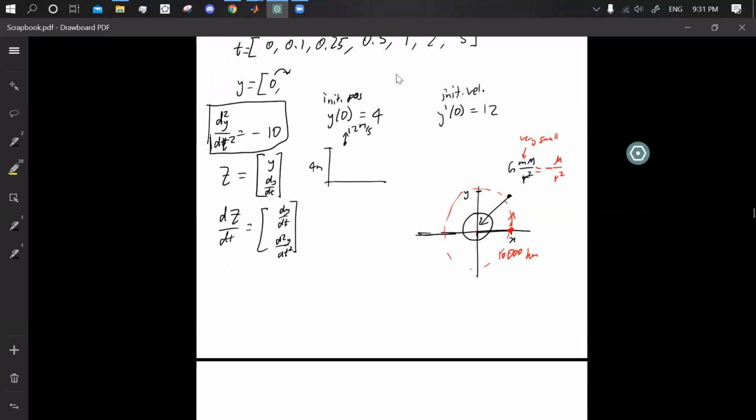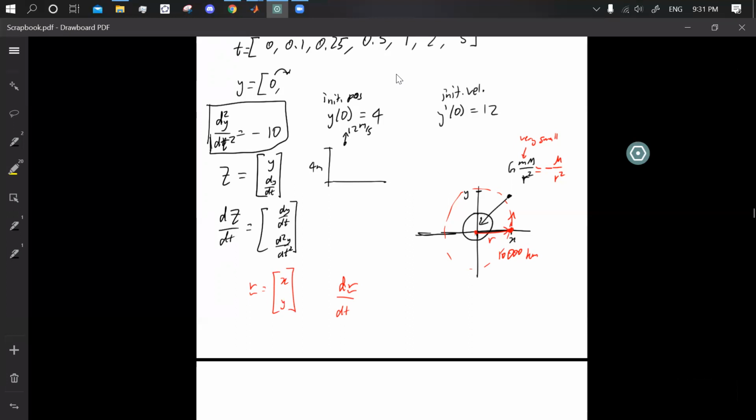When you write this in vector form, r is your vector from the origin to the object. The derivative of how r changes, dr/dt, I can write r as x and y, just the x and y coordinates, similar to how we write z as a state.